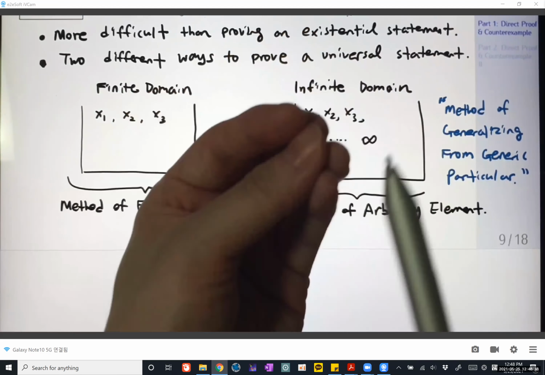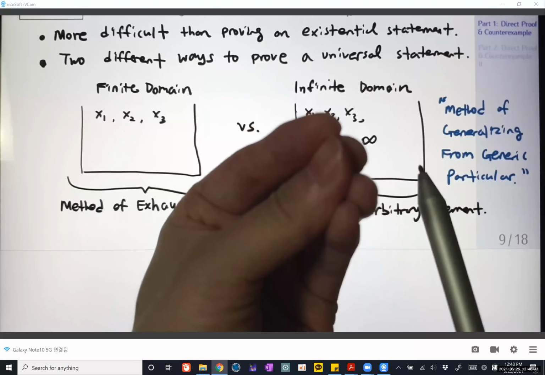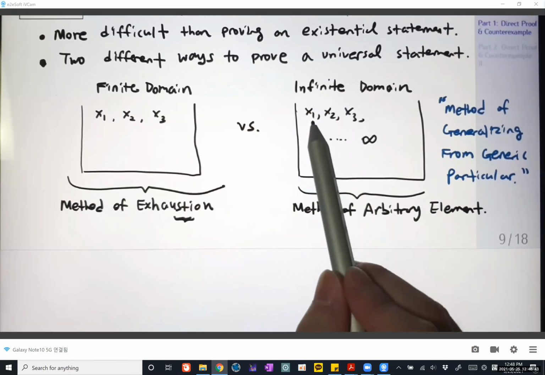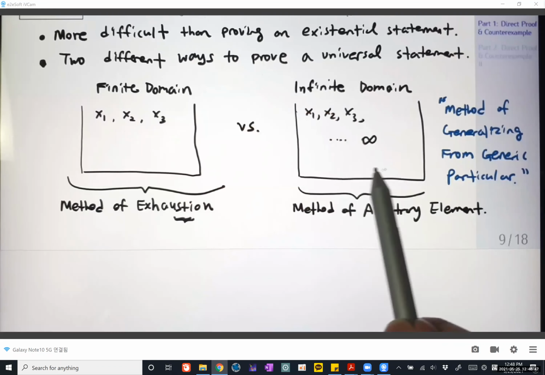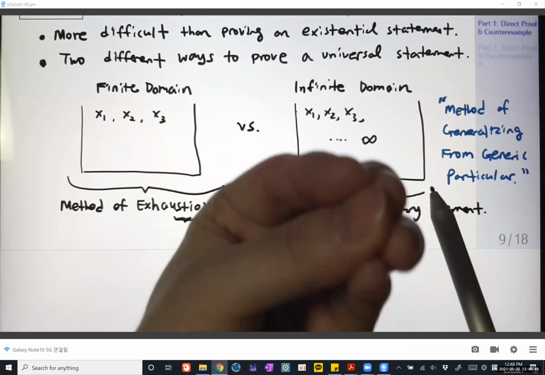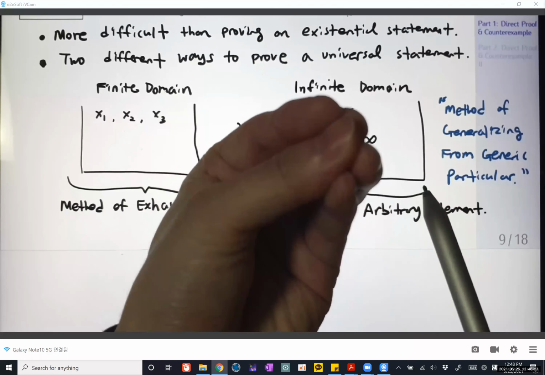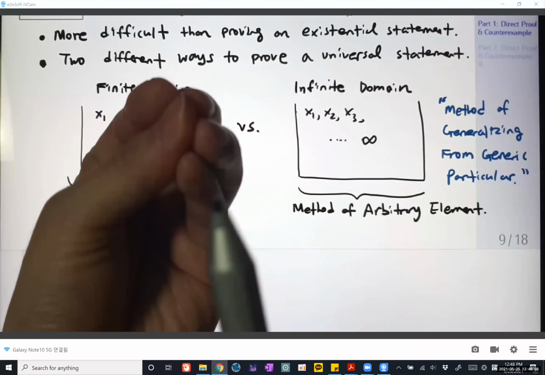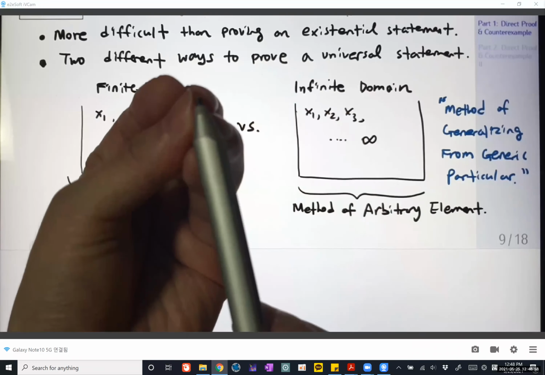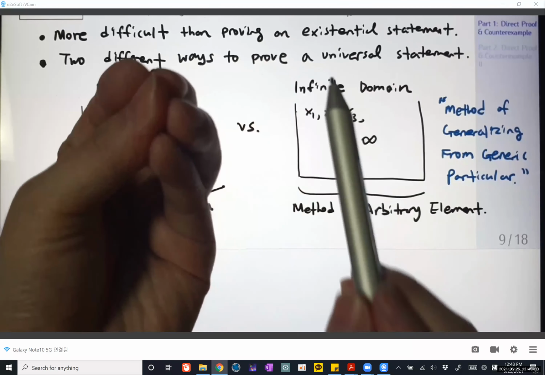If you do that proof for that particular element, it proves the truth for all the other elements as well, because that randomly selected generic element has the same DNA as the others. So if we can prove that element's truth, then it implies the truth of the other ones.